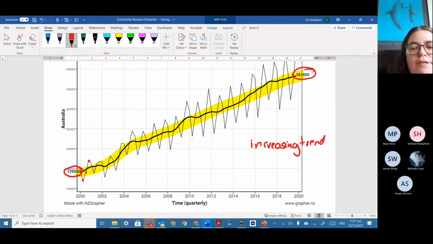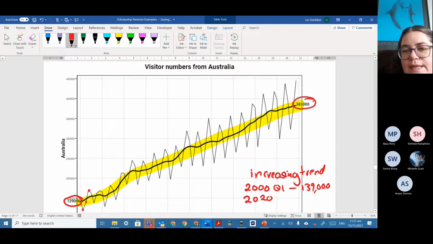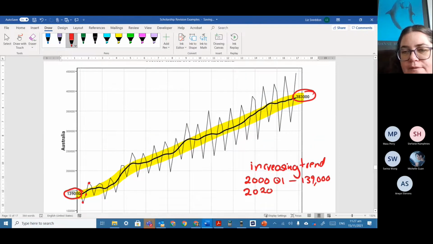And so I can talk about an increasing trend between 2000 Q1, and that's from around 139,000 people to 2020, is it 2020? No, it's just this last point here finishes, you can see the grid lines, it doesn't get to 2020, so that's actually 2019 Q4.